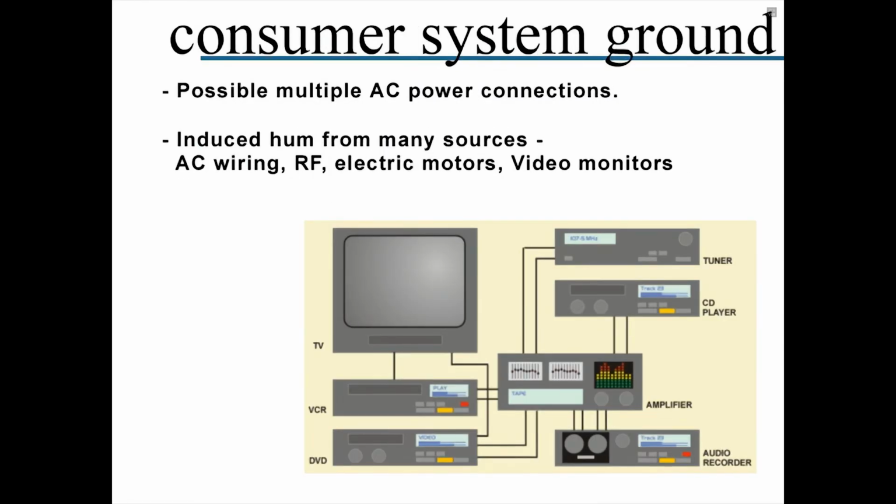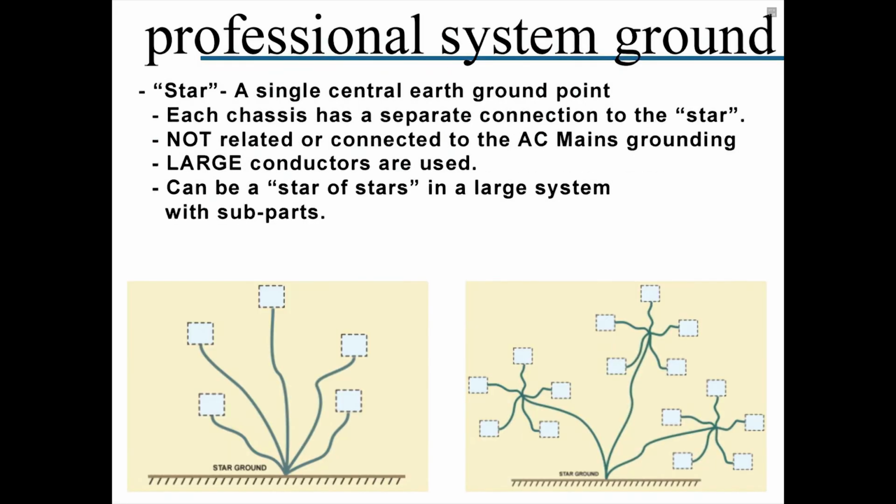This illustration of a typical consumer AV system shows how problems can occur. All lines are unbalanced, and there may be multiple connection points to AC mains causing ground loops. Induced hum from AC wiring running parallel to signal lines, RF, electric motors, video monitors, and light dimmers compound the problem.